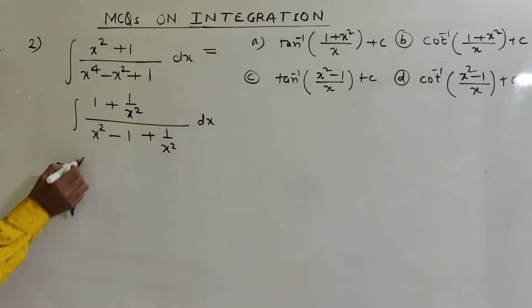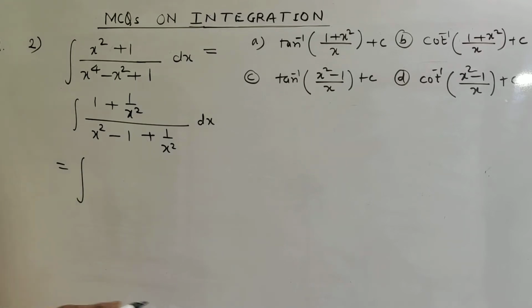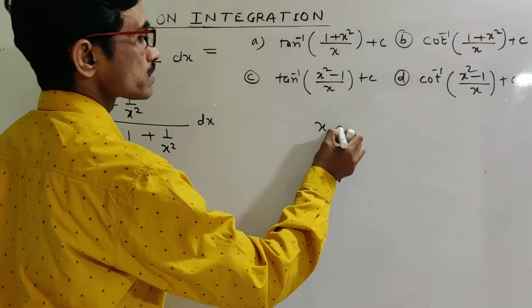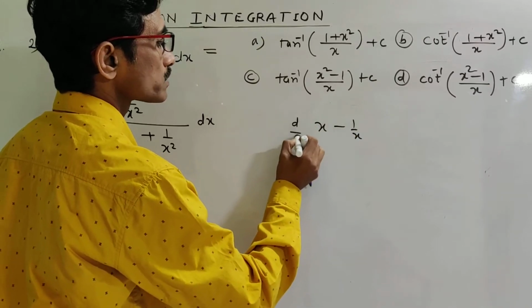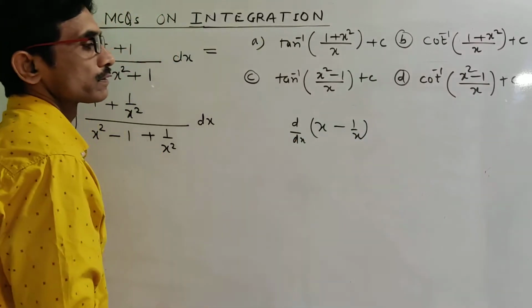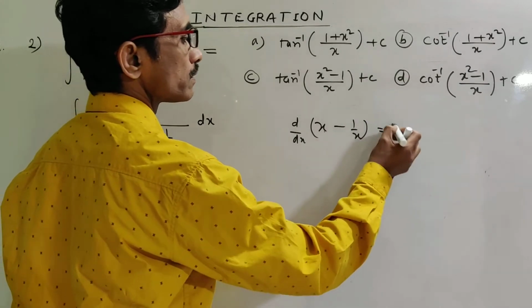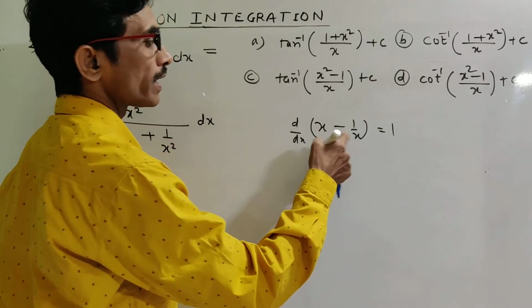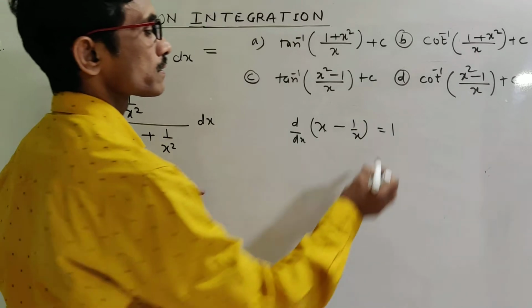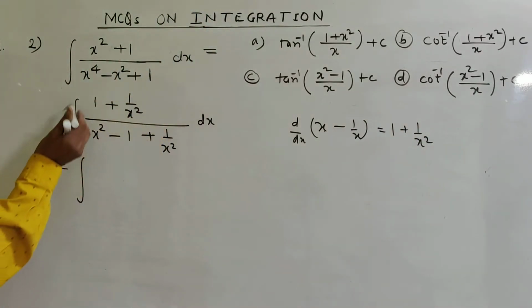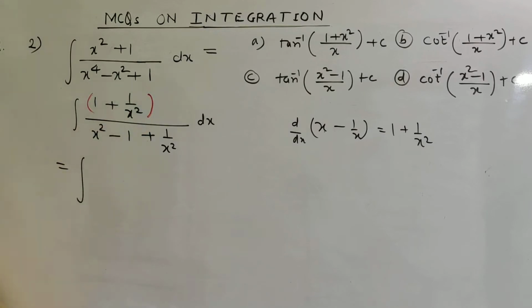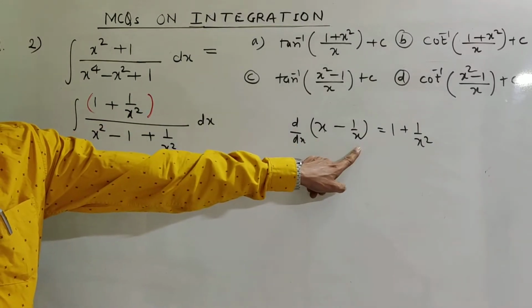Here it is equal to, see, the derivative of x minus 1 upon x. So what are we getting? It is 1, and the derivative of 1 by x is minus 1 upon x square, and with this minus sign it gives us 1 upon x square, which we are getting over here, which is nothing but the derivative of x minus 1 upon x.